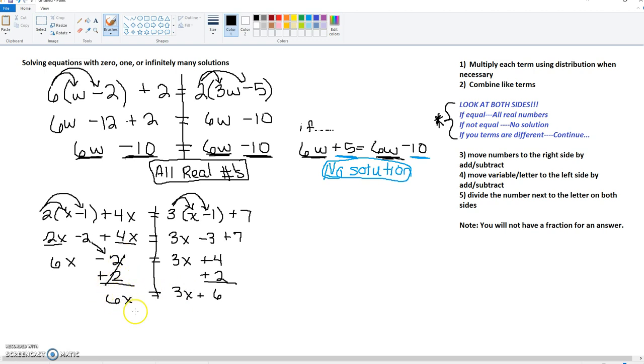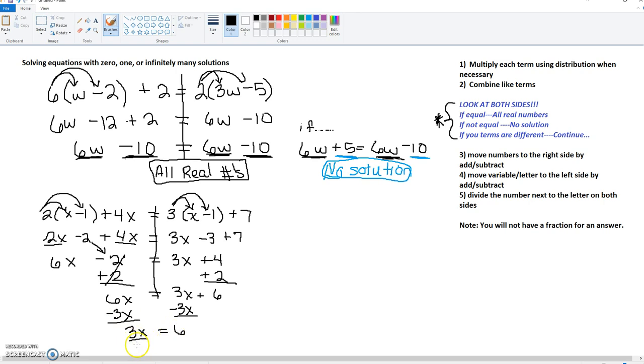Bringing everything else down. Our next step is to move the variable to the left side. So minus 3x on this side, minus 3x on this side. So now we've got 3x equals 6.